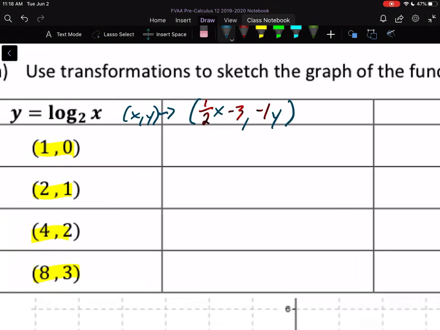Now we just have to do these operations to each of the numbers, and we get the points that we're going to graph.